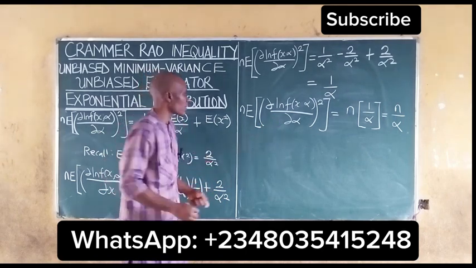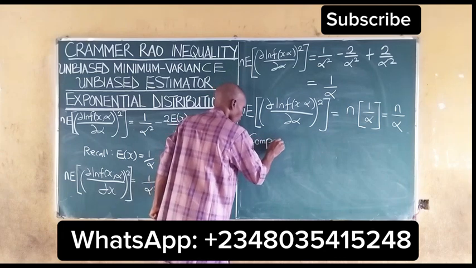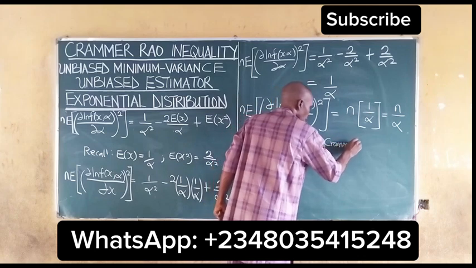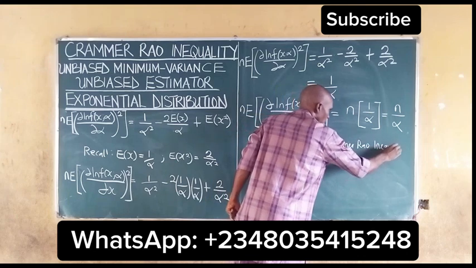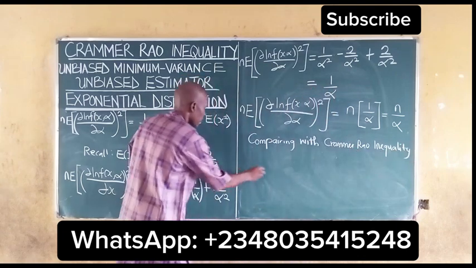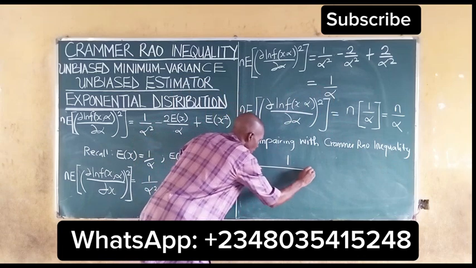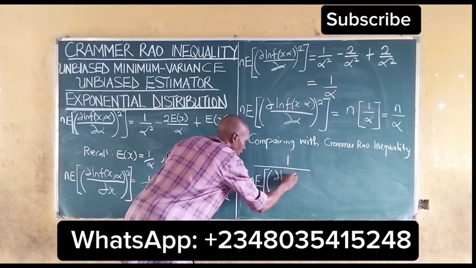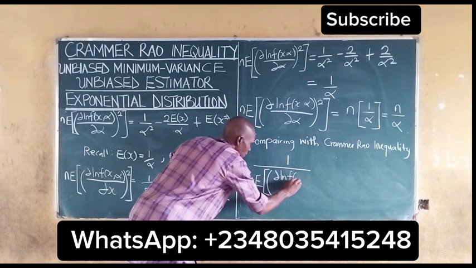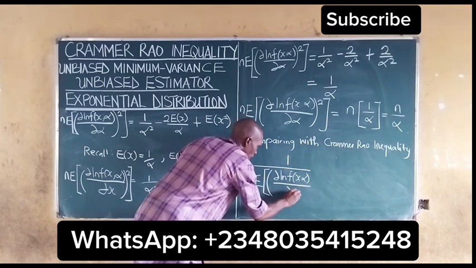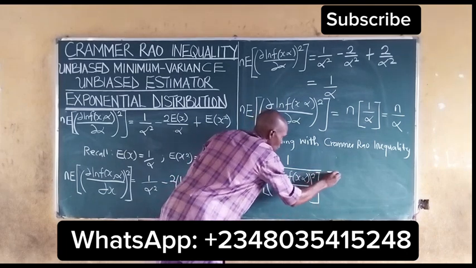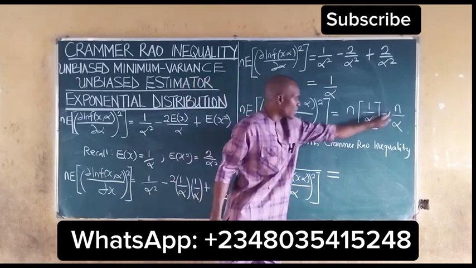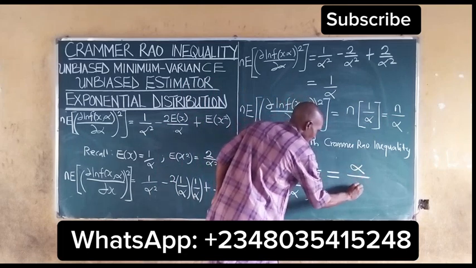So comparing with the Cramer-Rao inequality, we have 1 all over n times the expectation of the differential log of our given function all over phi, all squared, equal to, since we already have the whole of this as n all over phi squared, if we take the inverse of this, phi squared all over n.